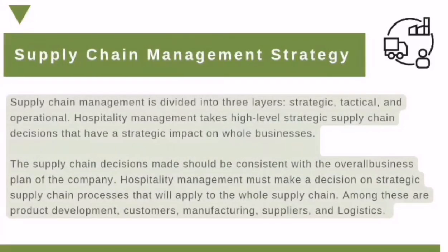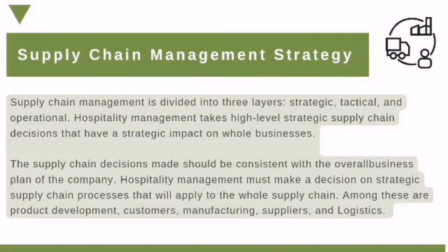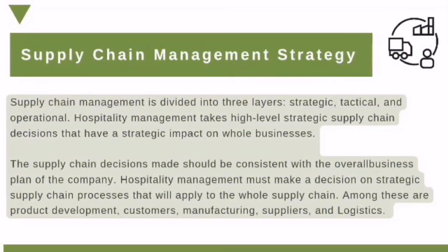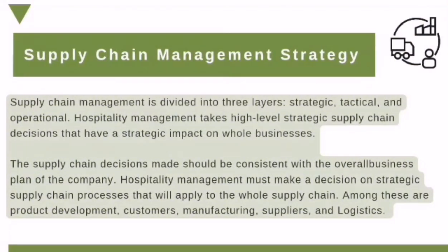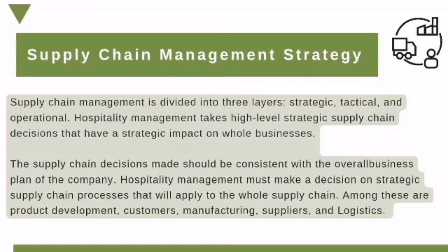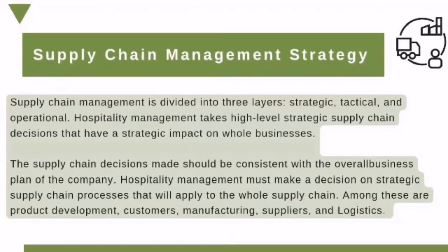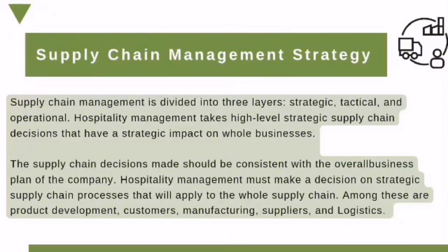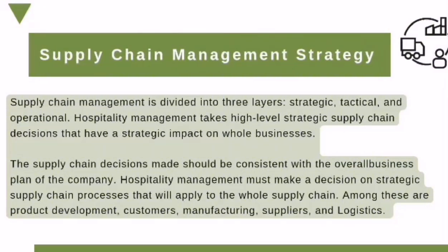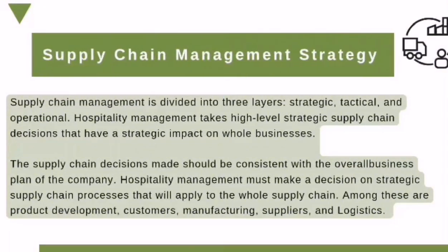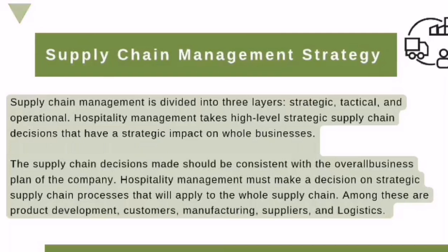Second is tactical level, managers create plans to achieve the strategic goals. This includes things like managing inventory and transportations. And lastly is operational level. This is where day-to-day tasks happen, like fulfilling orders and handling customer service.